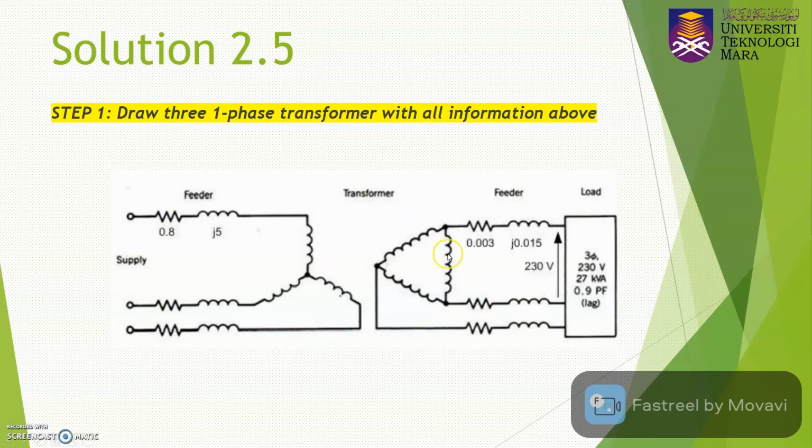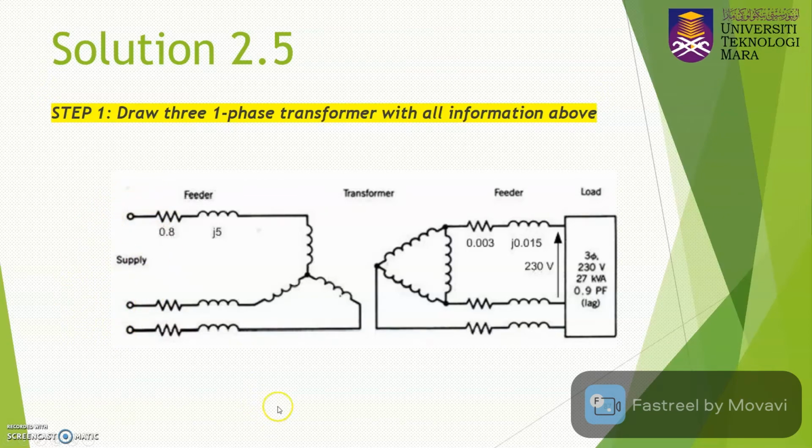So this is the three-phase transformer. The transformer is connected to the supply and connected to the load through the feeder. Here you have a feeder, and here also you have a feeder. The voltage of the load is given by 230 volts, which is the V line to line, and you need to find the value of the V supply here.